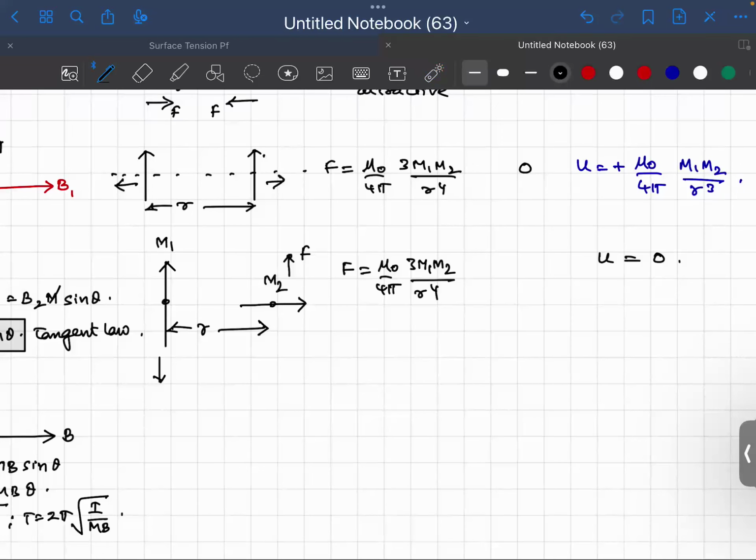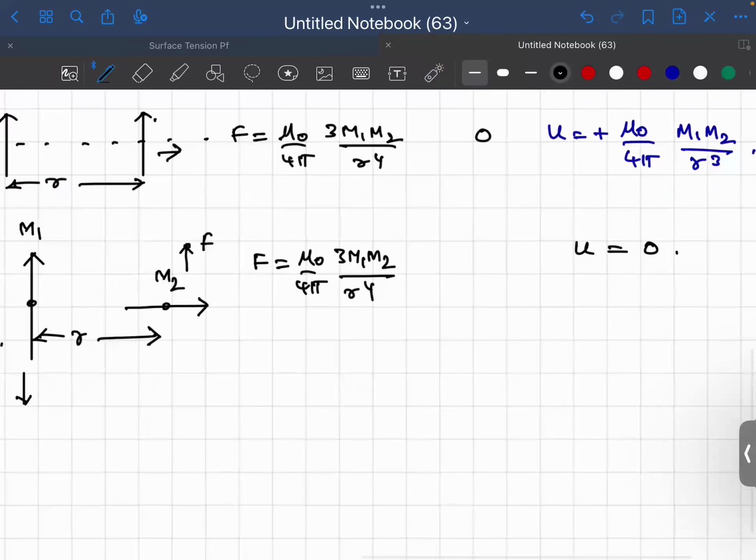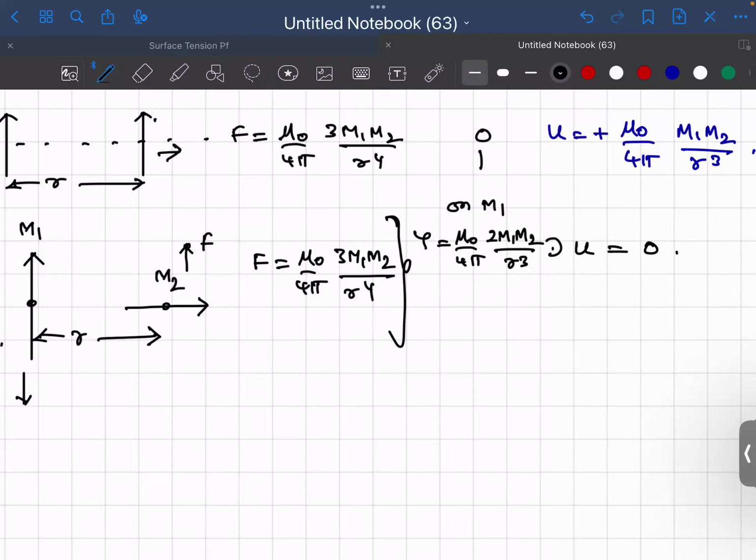So on M1, in this case, the torque is mu naught by 4 pi, 2 M1 M2 by R cube, clockwise.